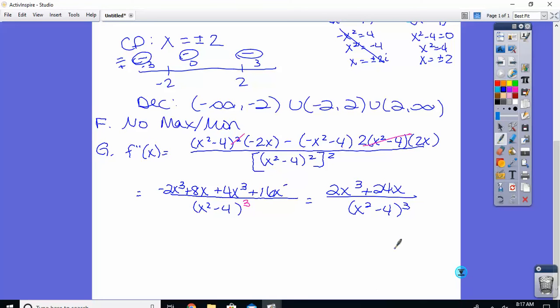Okay, so inflection points are where this is 0 or undefined. We know it's going to be undefined where? That's what makes the bottom 0. If we want to figure out what makes the top 0, what could I pull out of the top? Take out a 2x.